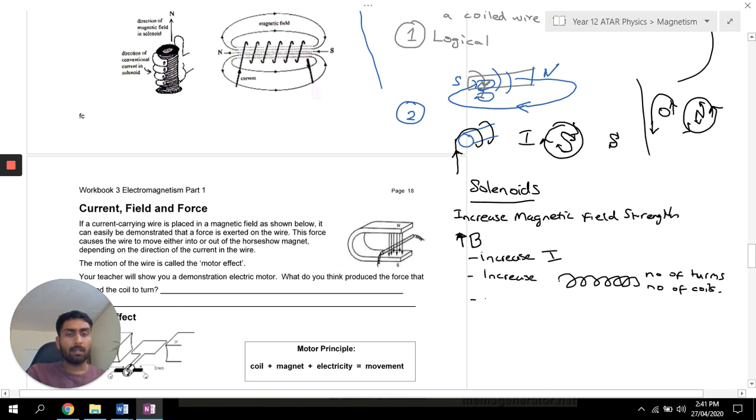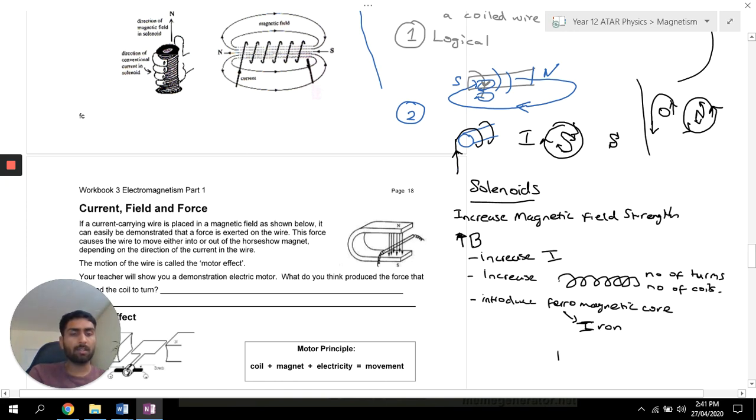You could introduce a ferromagnetic core. Ferro means iron. If you've got a ferrous material, or ferrite as it's usually called, it's iron. So it's an iron core.